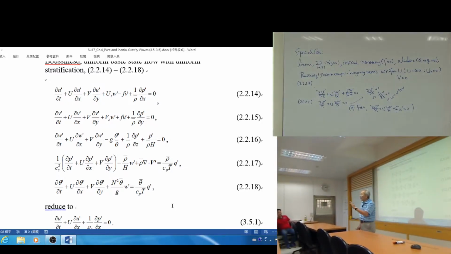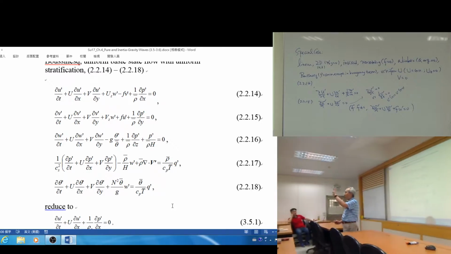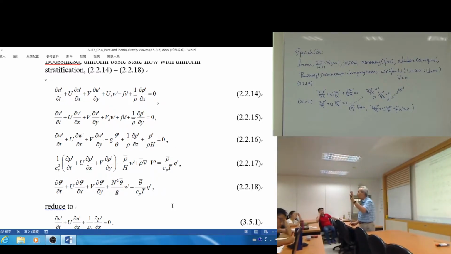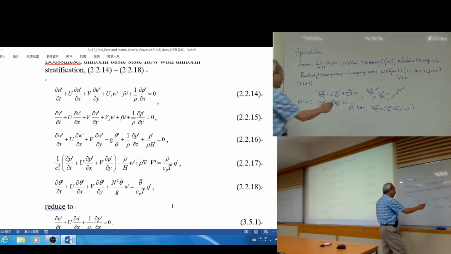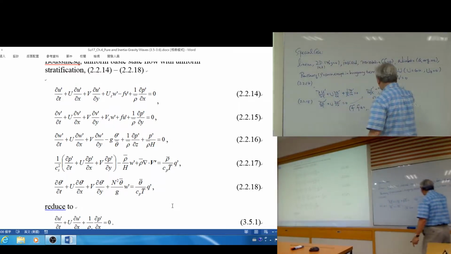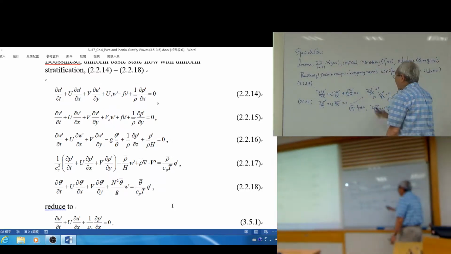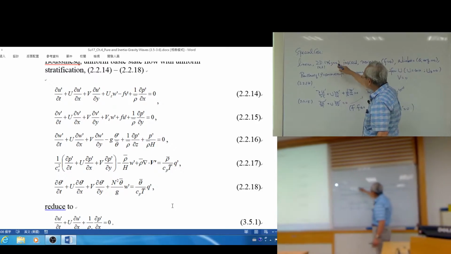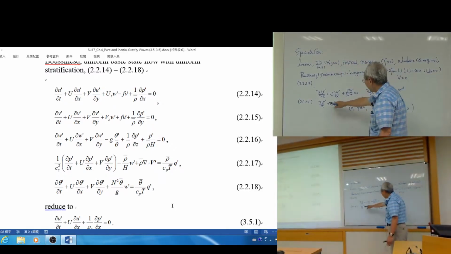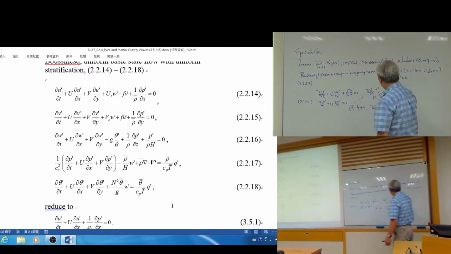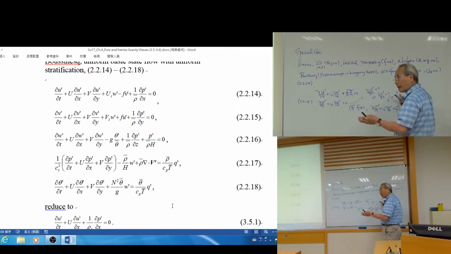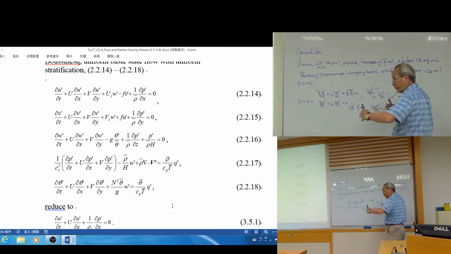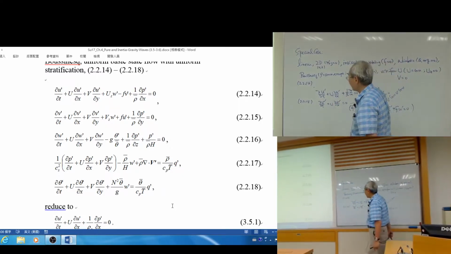They normally assume two-dimensional, so with rotation they still ignore that equation. You cannot. You have to include it. But for 2D, non-rotating, we can ignore this one because there is no change. Initially you can have v prime equal to 0 or not 0, but it doesn't change. So this equation we can ignore.